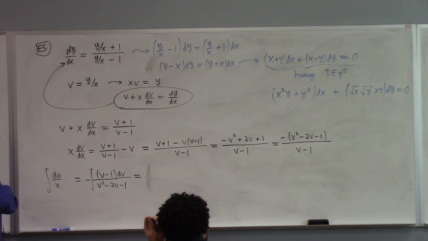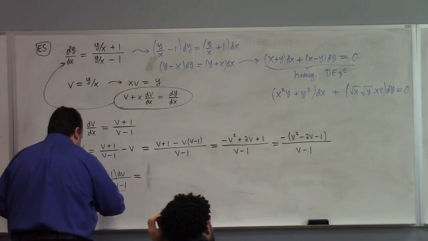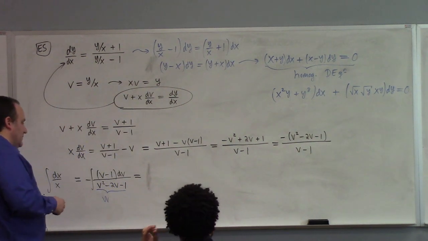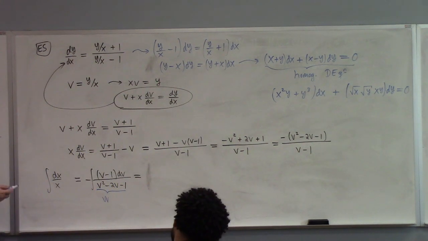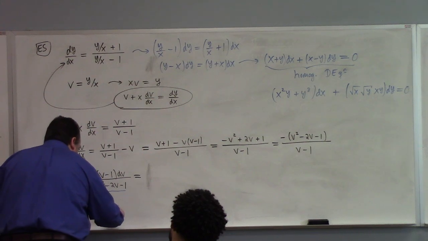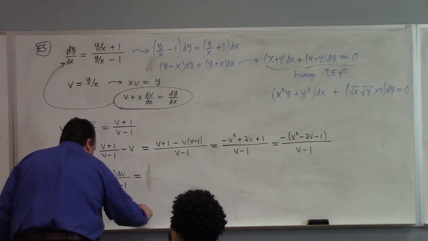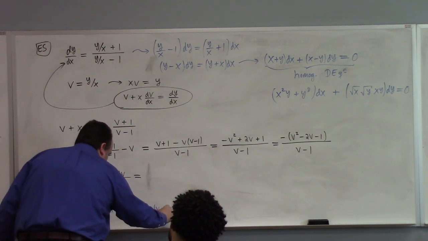Now this, I think if we just make that a w for the denominator, right? What's dw with respect to v? It's 2v minus 2 dv, also known as 2 times v minus 1 dv, right?